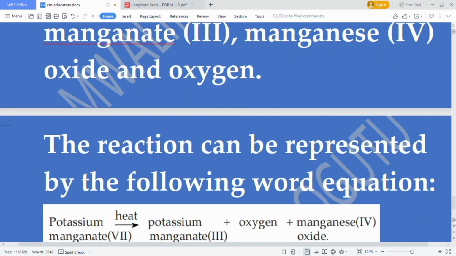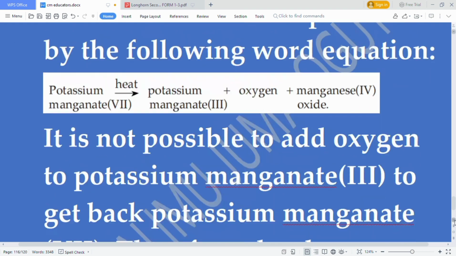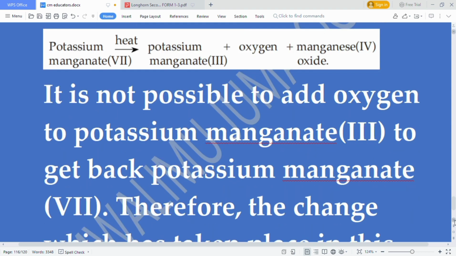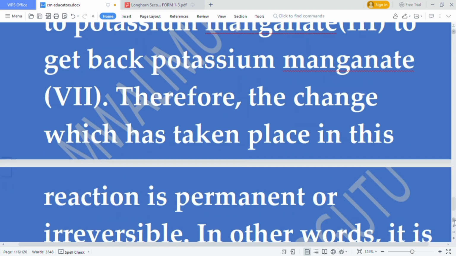We have potassium manganate 7 being decomposed to form potassium manganate, oxygen, and manganese oxide. So it is not possible to add oxygen to potassium manganate to get back potassium manganate 7. Therefore the change which has taken place in this reaction is permanent, or irreversible. So in other words, it is a chemical change.